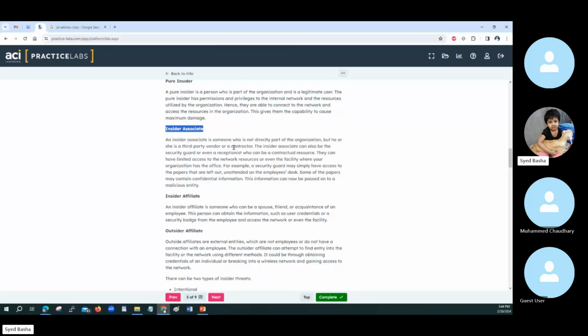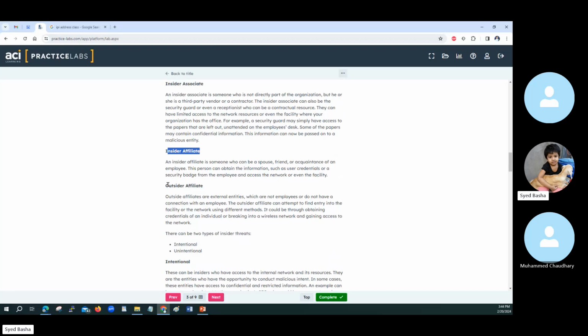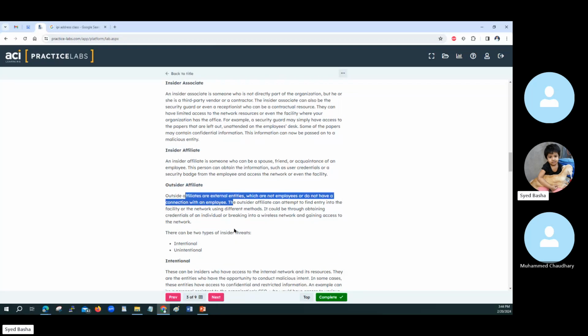These all have the same meaning. And there is someone called an insider affiliate, someone who can be a spouse, friend or acquaintance of an employee. Sometimes the employee's children come and mess up things. This could be an insider affiliate, and another thing outside is the external entity.